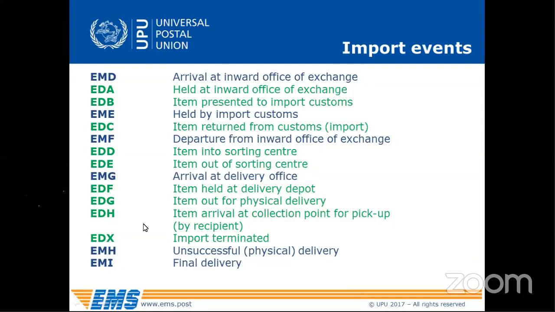When an item comes into the country, the first event to be performed is D, keyed at the Office of Exchange. Thereafter, all these sub events are performed. E, customs, resident customs at the Office of Exchange. Then we move to the delivery office, which is our post office. From G, you perform H, unsuccessful physical delivery, and you perform I, final delivery.